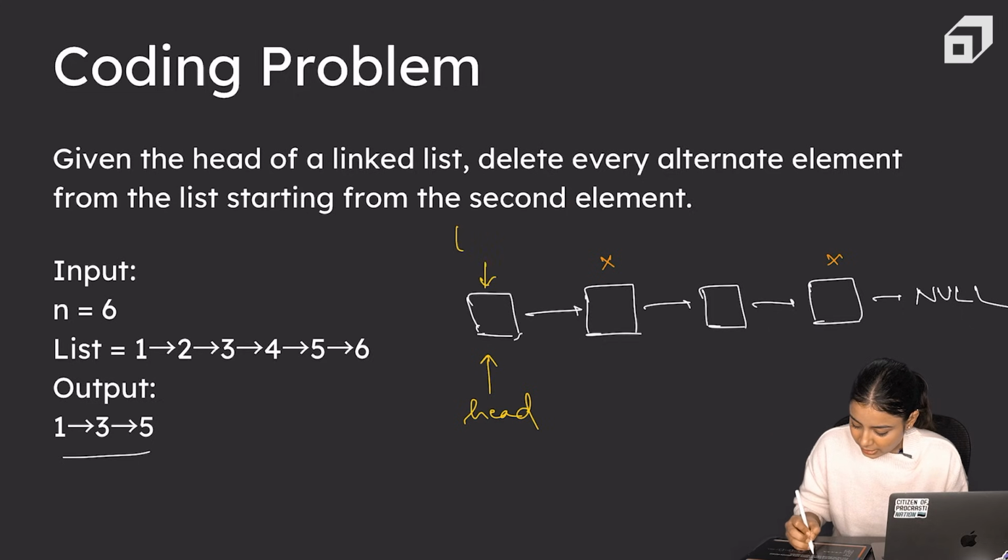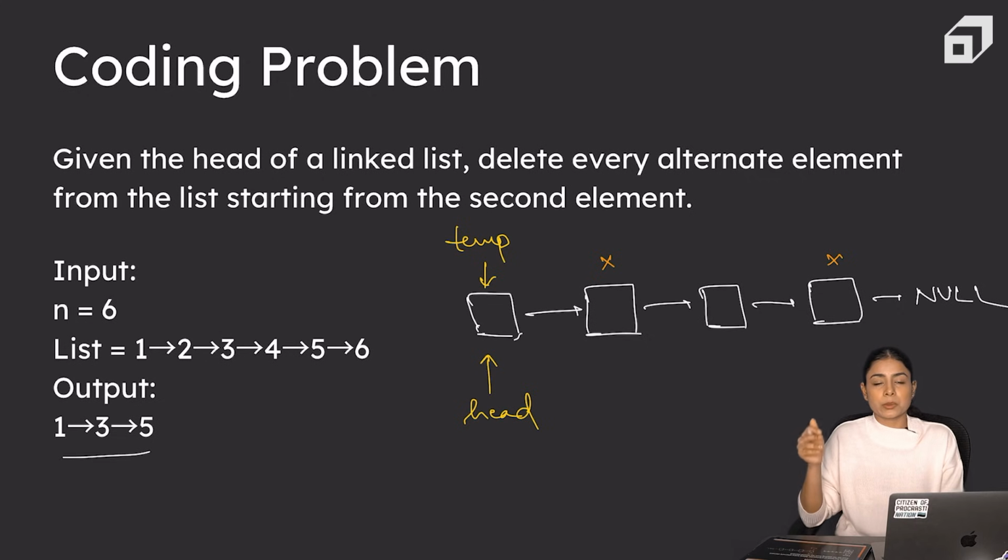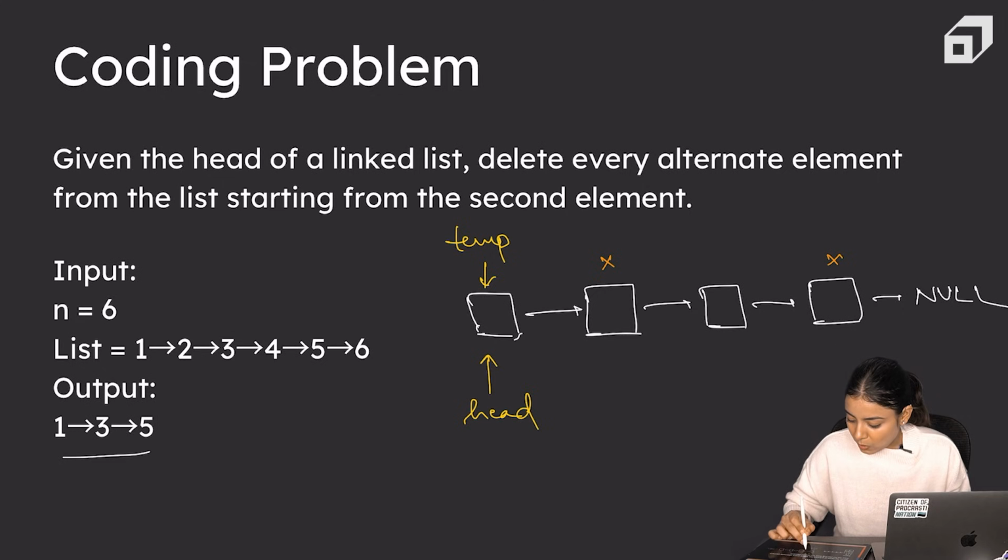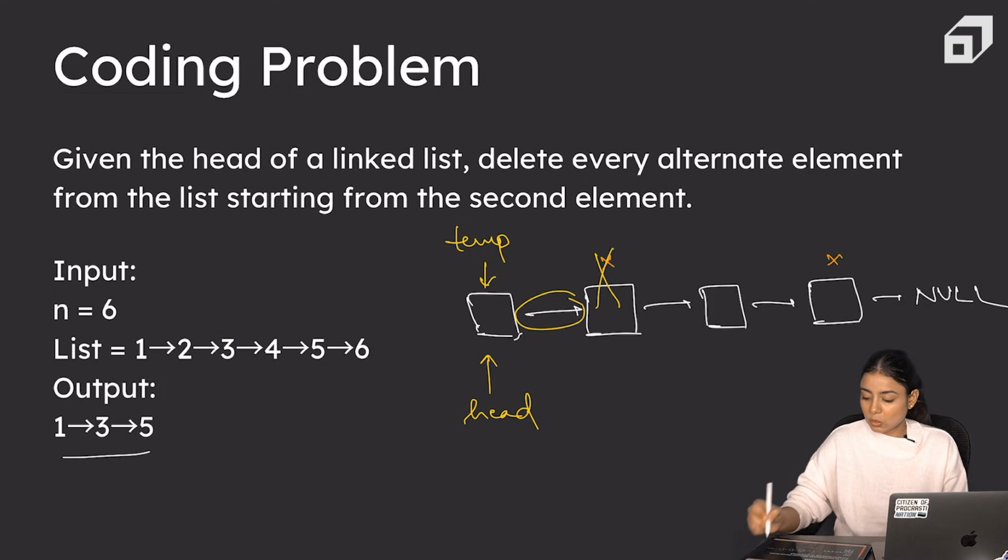So first of all, let's take a temporary pointer through which we'll be traversing our linked list. If we start our temporary pointer from head, we need to delete the node that is after my temporary pointer. So where would the next of temporary go? If we delete this element, where would this link go?